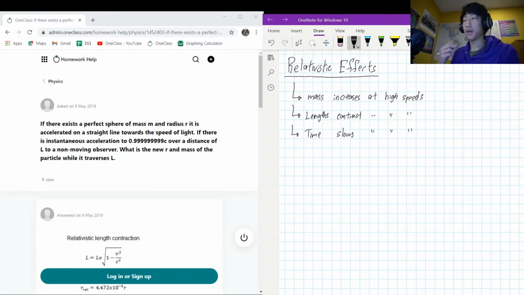Okay, and for the amount of change in these parameters, we have the Lorentz factor. So the Lorentz factor is a factor of these above changes.